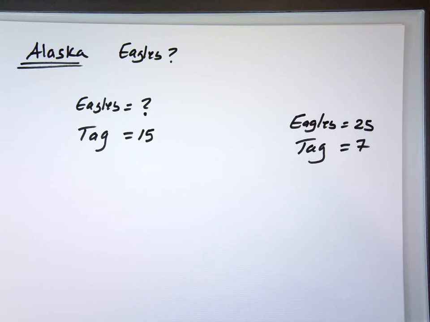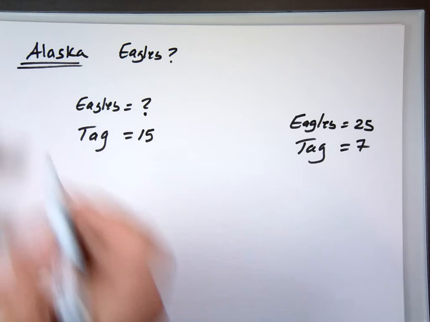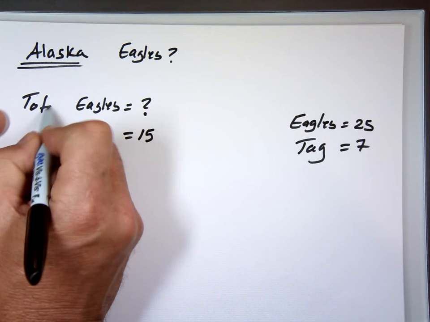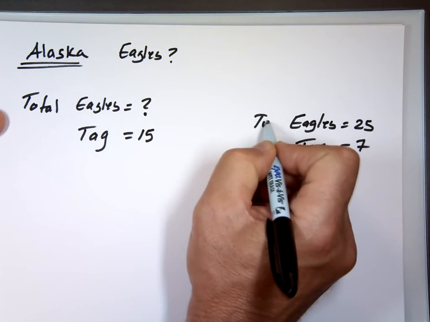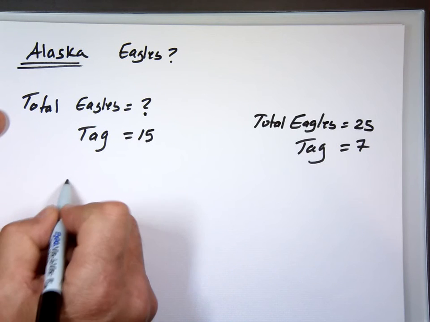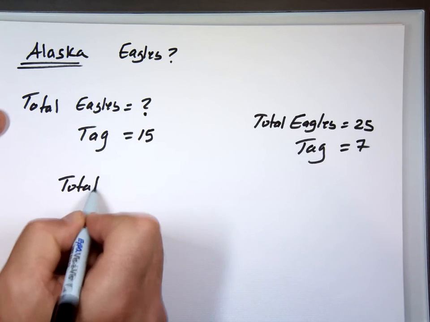Based on that proportion, we can tell you roughly how many eagles are living in Alaska. We do a proportion, and you can set eagles on the top, the tag, the total number. Maybe I'll do total here. So I can do either the tag on the top or the total on the top. It doesn't matter.